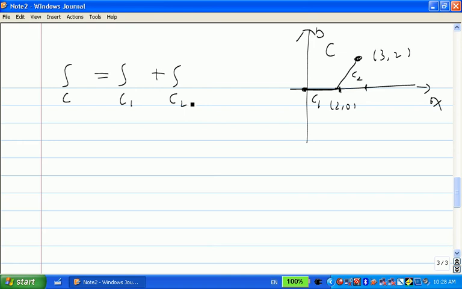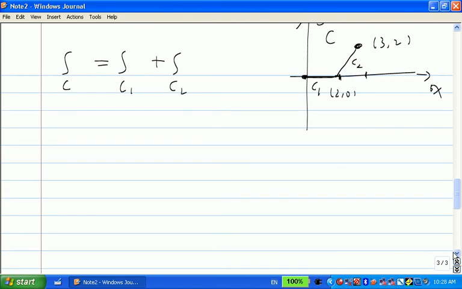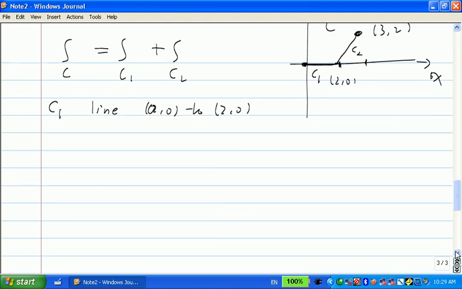Okay. Now I'm going to do them one by one. Okay, now let's look at the line segment 1, C1. C1 is a line from 0, 0 to 2, 0. So this is a curve, okay?